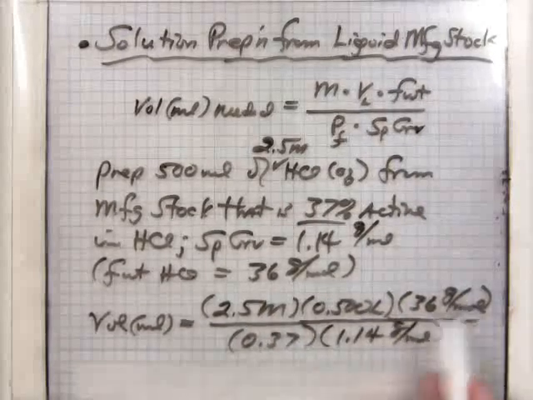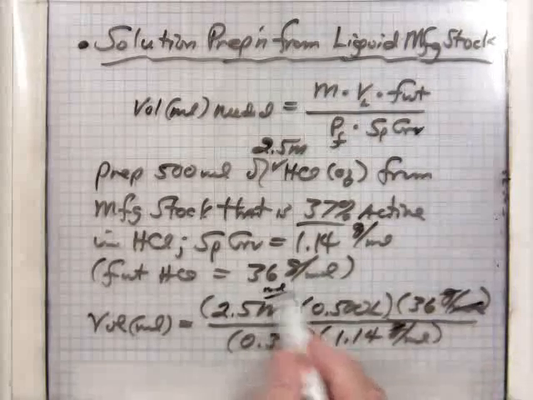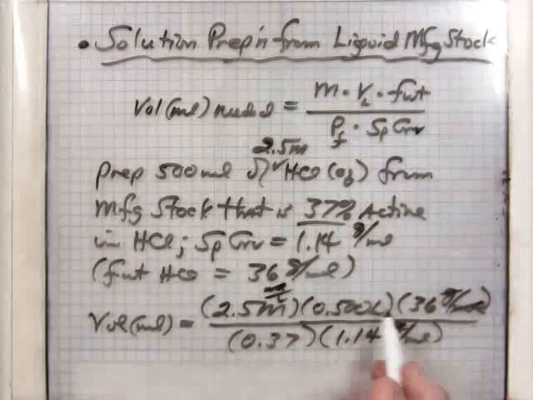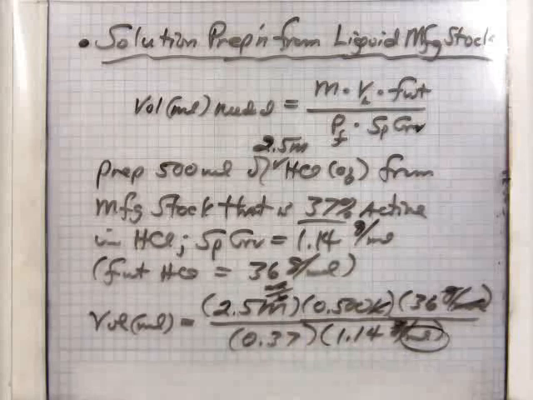So when you cancel out everything, of course, that's moles per liter. That will cancel liters, and liters will cancel there. The only thing you're left with is milliliters out of this calculation.